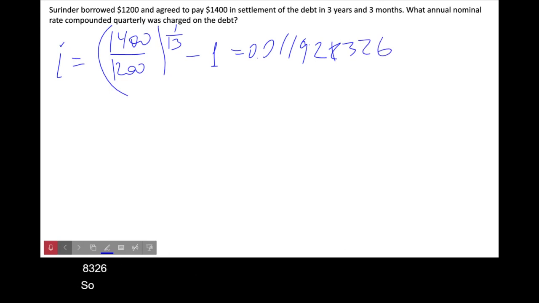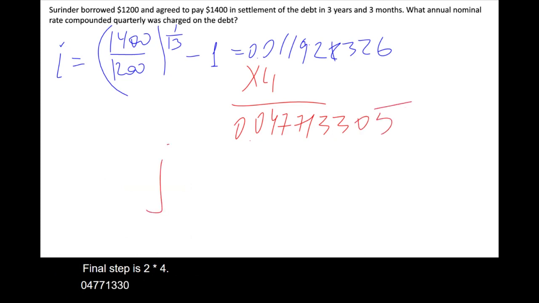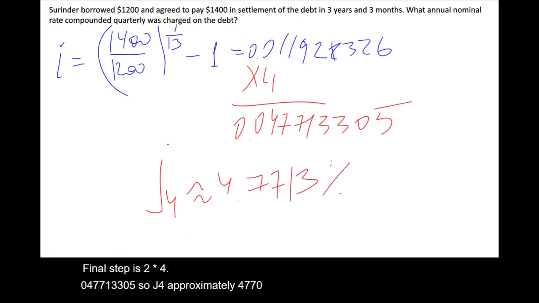So let me double check. Yes, and final step is times 4. 0.047713305. So j4 approximately 4.771, something like that. Okay, questions, people?